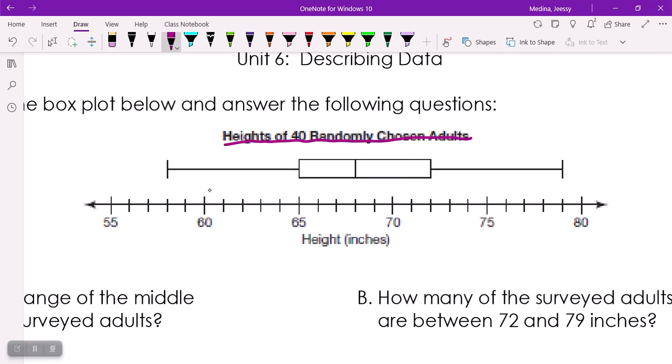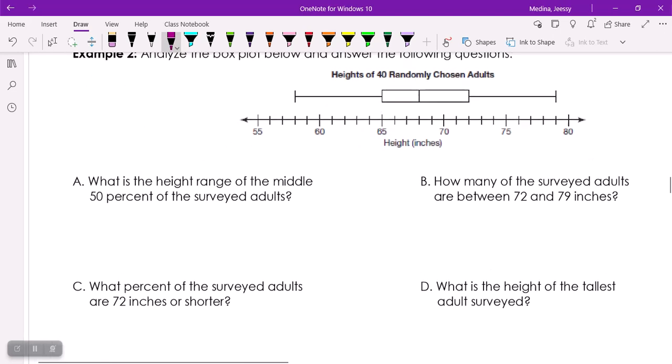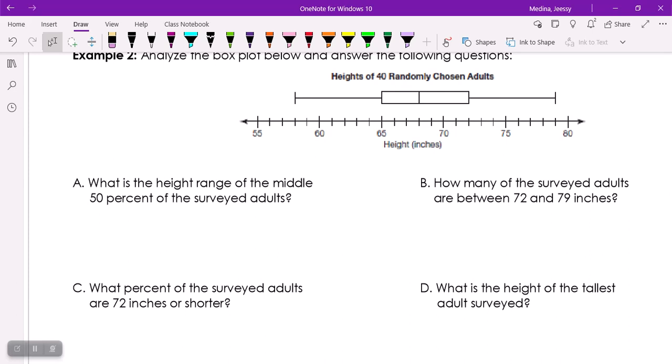This data is about the height of 40 adults. So we have 40 data points, one height per person, and we created a box plot of the data. Clear? All righty. Now, answer questions A, B, C, and D. Go.